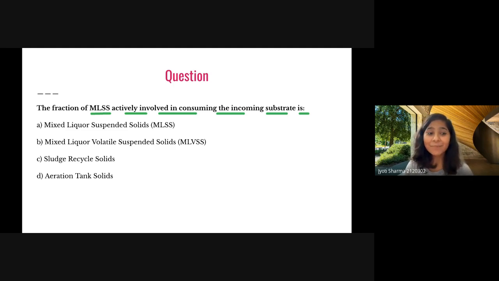Can I say that B is the right option? Priscilla gave me option B, but don't worry about this. I just try to explain. Firstly, B is the right option, but you have to understand what MLSS means.